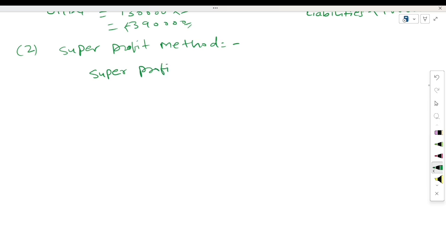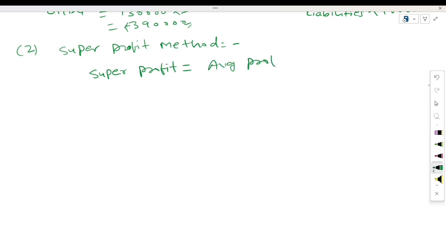If we talk about the second method, super profit method, then first of all we have to calculate the super profit. And what was the formula of super profit?